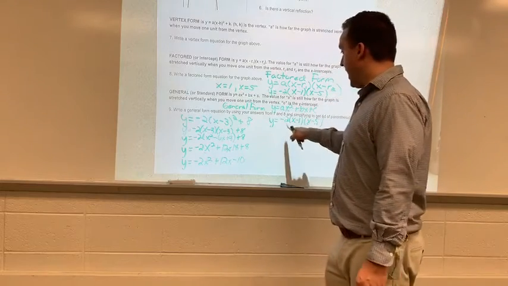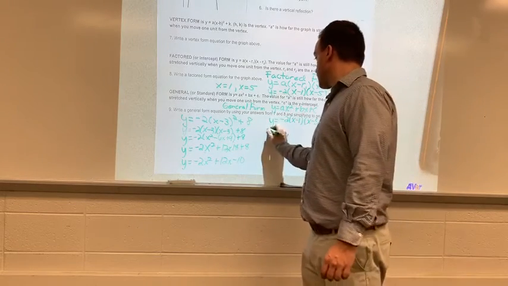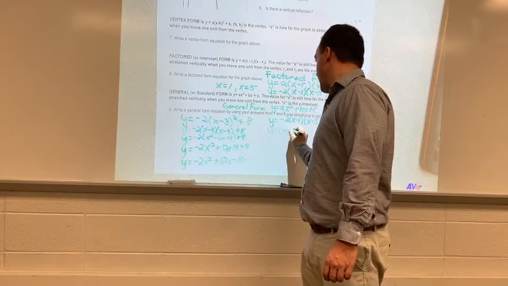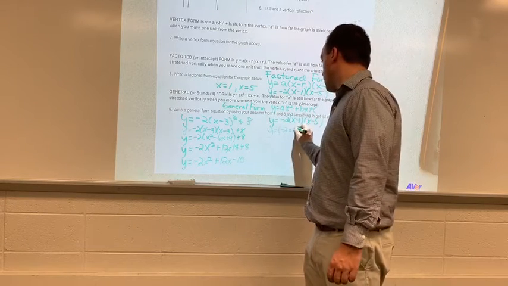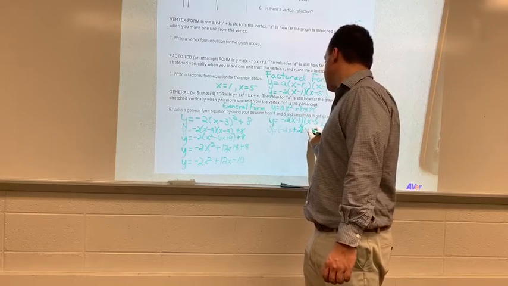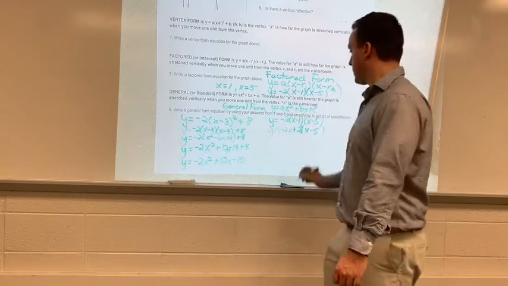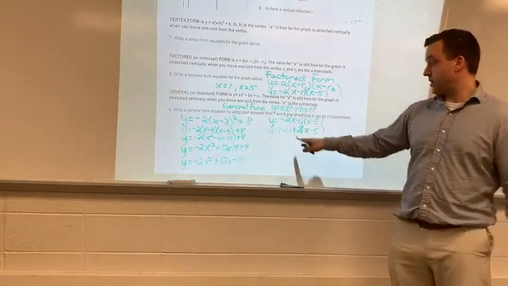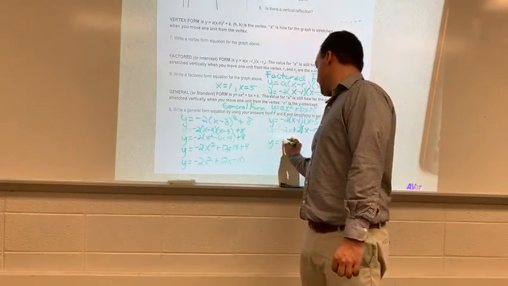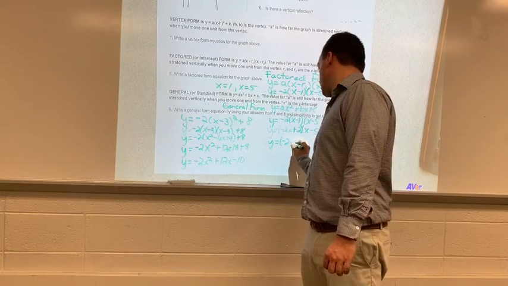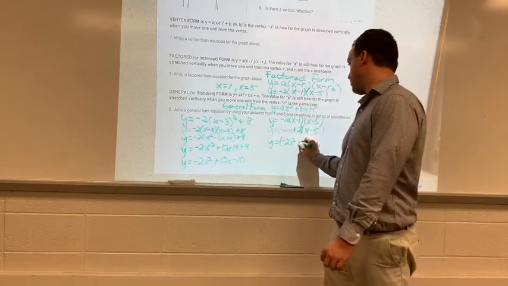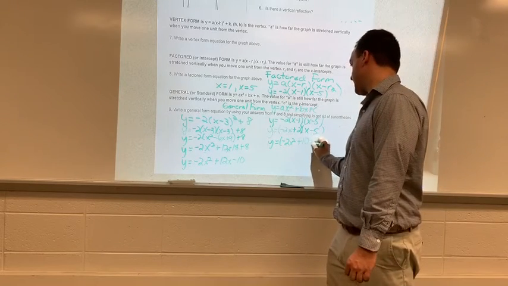And simplifying the other one, we follow pretty much the same process. So I could distribute the -2 first and write that as y equals -2x, -2 times -1 would be plus 2. And then multiply that times x minus 5. So distributing again, -2 times x gives me -2x squared. -2 times -5 would be plus 10x.